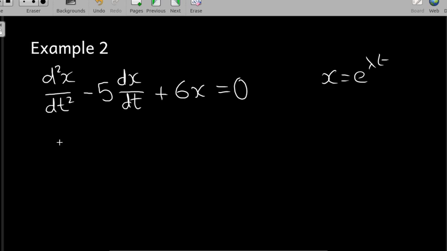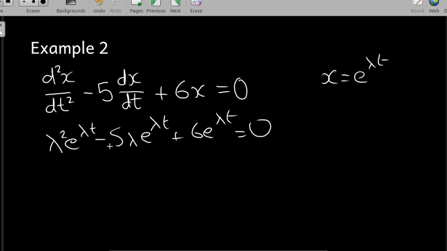Substituting those in, we get lambda squared e to the lambda t minus 5 lambda e to the lambda t plus 6 e to the lambda t equals 0. Dividing out the e to the lambda t, we get lambda squared minus 5 lambda plus 6 equals 0.